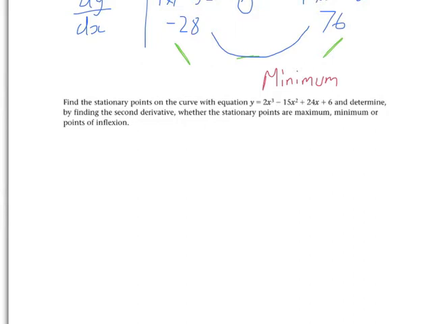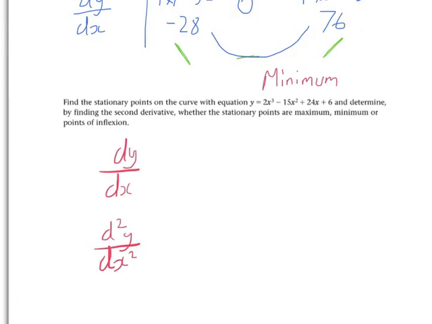curve. Now, we did look at the second derivative at the very end of core 1. So, to look at the stationary points, we have to differentiate firstly once, and then we need to set it equal to 0, and then we need to differentiate again and sub in our values for x.